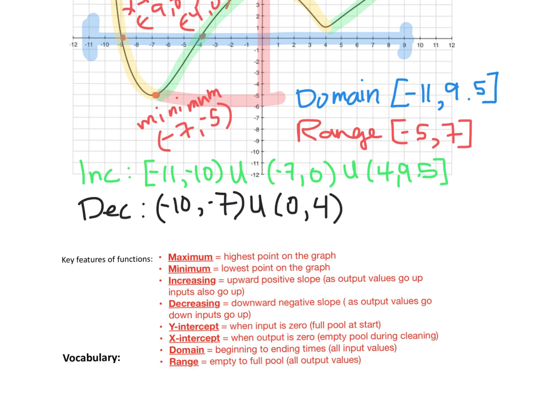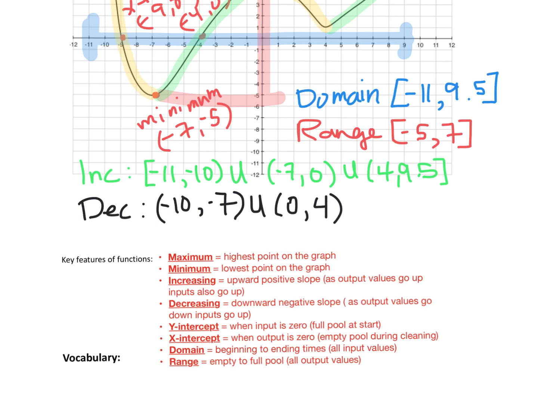Maximum is the highest point on the graph, minimum is the lowest. Increasing is an upward slope, decreasing is downward slope. Y-intercept is when your input is 0. We learned this in the context of emptying or filling a pool, so when the pool is full at the start, and your x-intercept is when your output is 0, and where the pool is empty during cleaning.